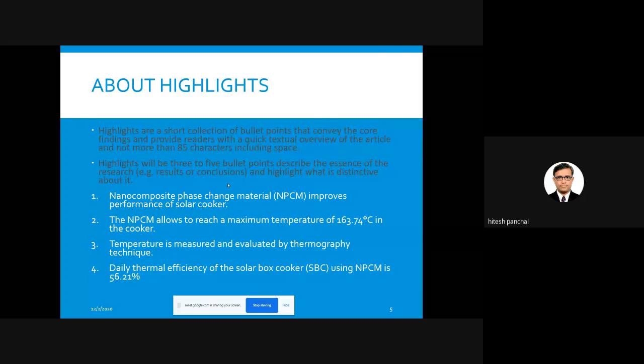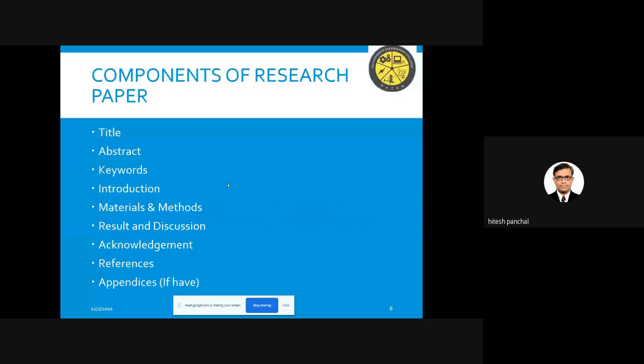Okay. Now we will study about the components of the research paper. Whenever you will write an article or research paper, which components do you have to put? I think earlier you have already seen regarding the components. So I will also share my views about the components.